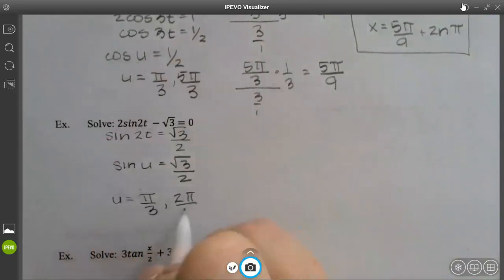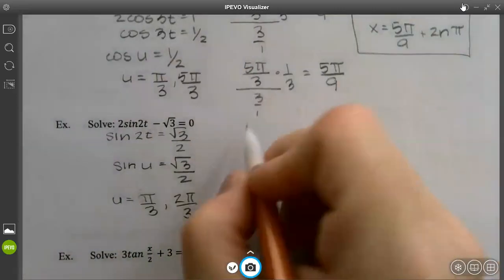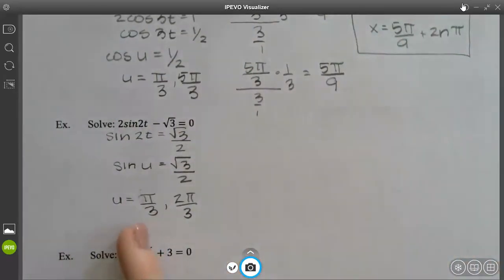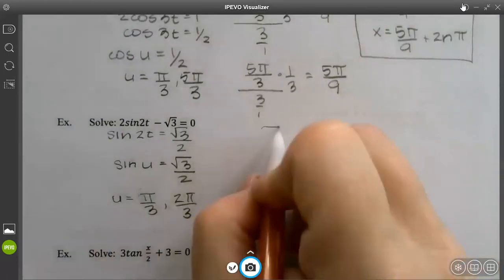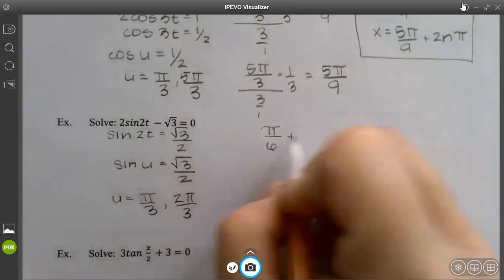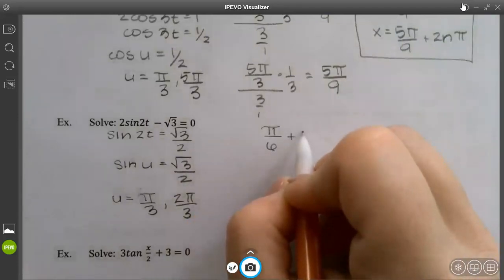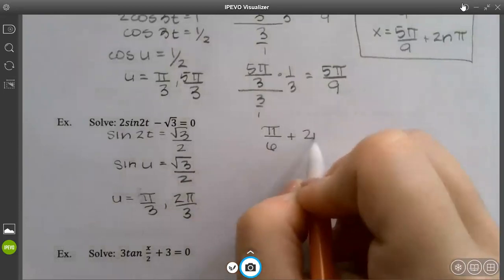But what do I have to do to those? Okay, so what are you technically doing? Instead of dividing by 2, you're doing what? Times in the bottom by 2, right? So what's it going to change to? Plus 2n pi. Good.